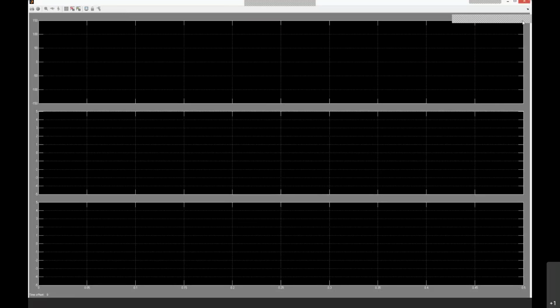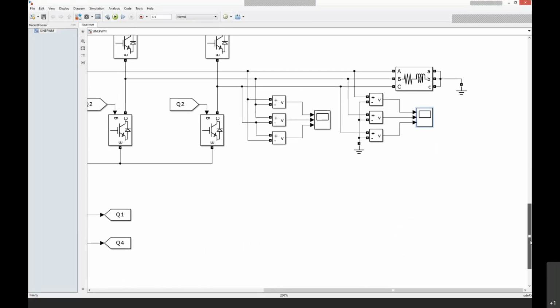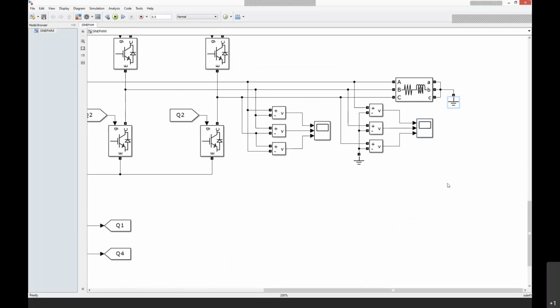Change the pattern here. Earlier it was phase line, right? Phase. And I will run this again.